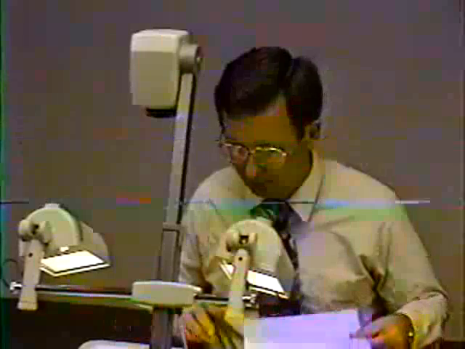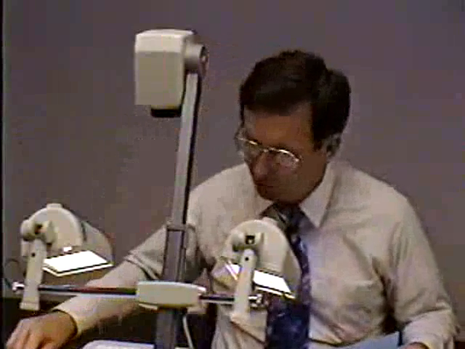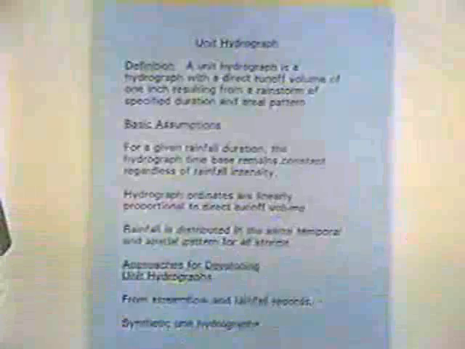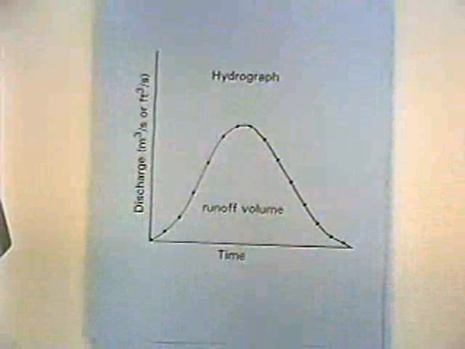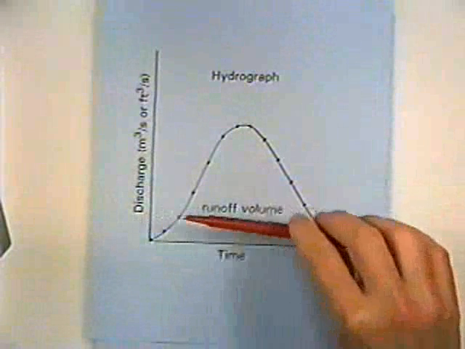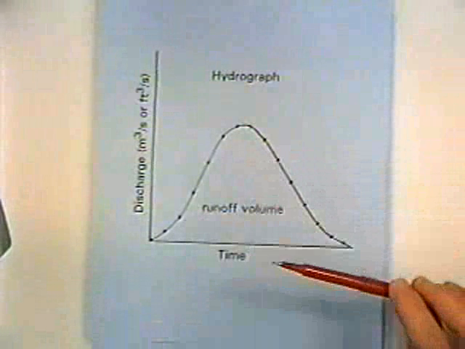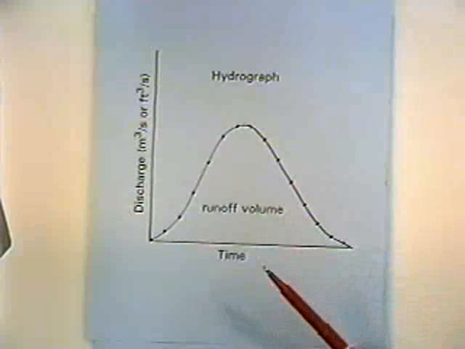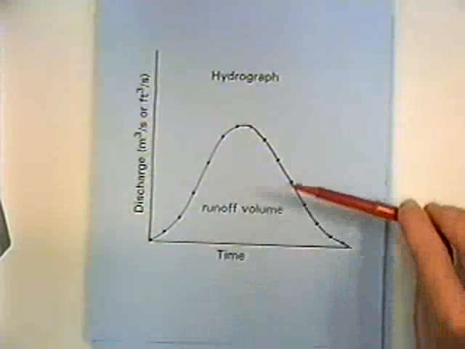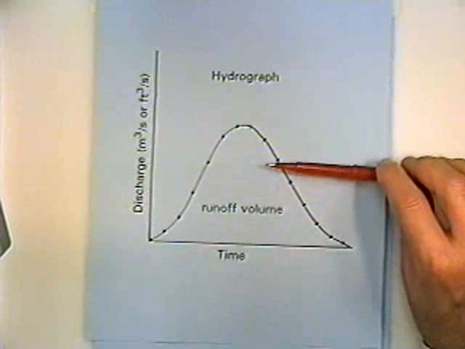And so the concept is that for a given watershed, you can ratio the ordinates of the hydrograph in proportion to direct runoff volume. For example, here's a hydrograph, discharge versus time. The runoff volume is represented by the area under the curve. And so a unit hydrograph has a runoff volume of 1 inch.